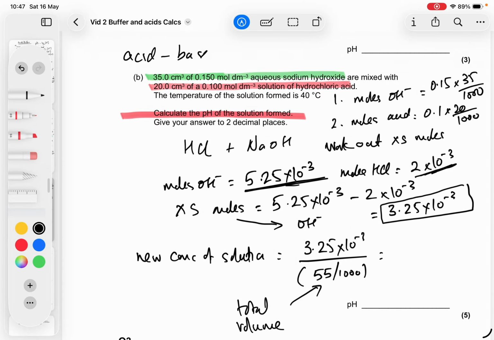So we're working out the new concentration of the remaining solution, which hasn't reacted yet, and that comes to 0.0591.